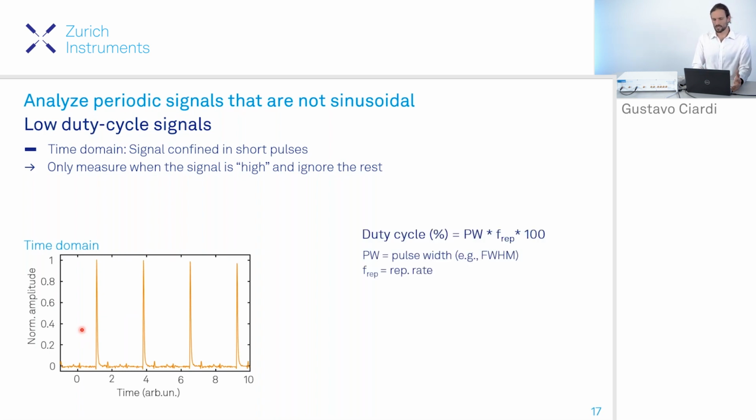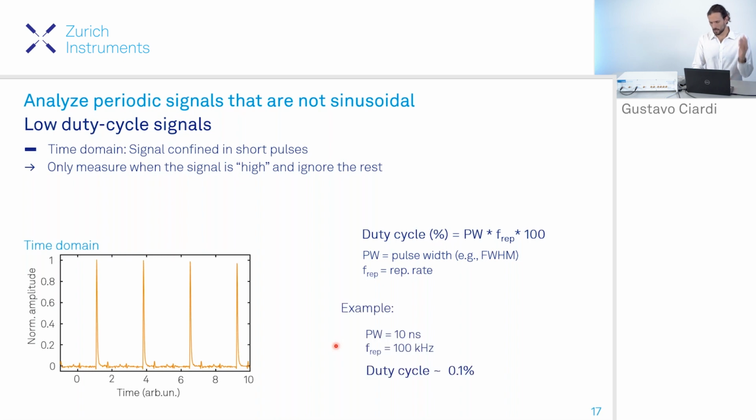The duty cycle of a signal is a measurement of how much of the period the signal is high, and it can be defined as the pulse width of our signal times the repetition rate, or the inverse of the period, times 100 to have it in percentage.